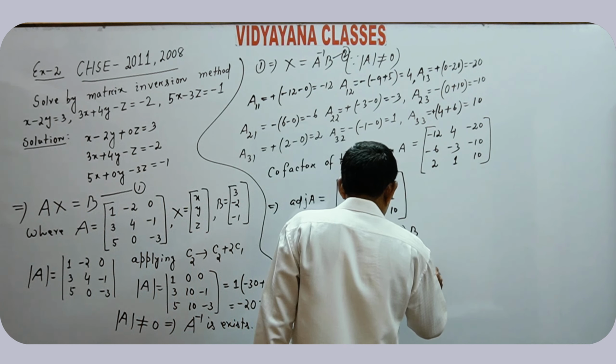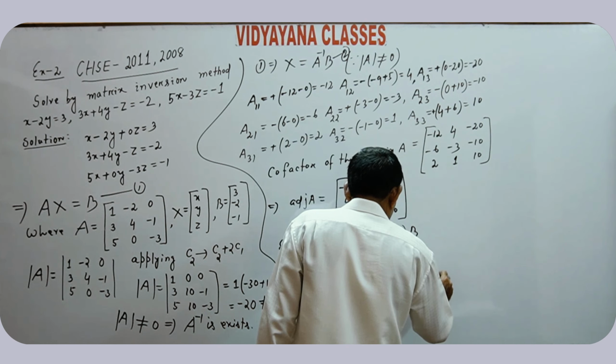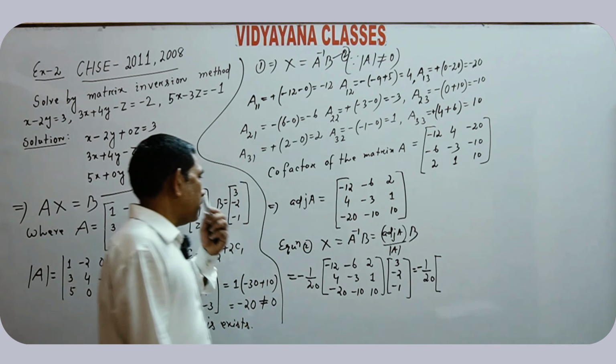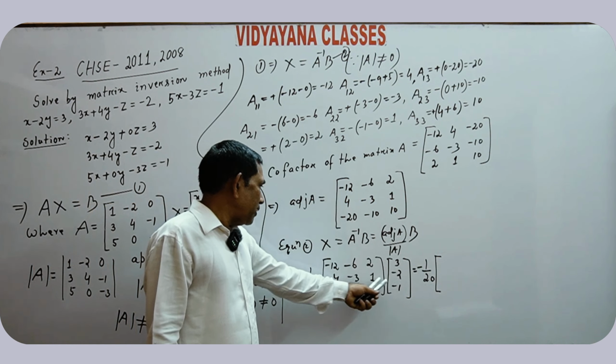Which is same as minus 1 by 20 multiplying this matrix and this matrix.